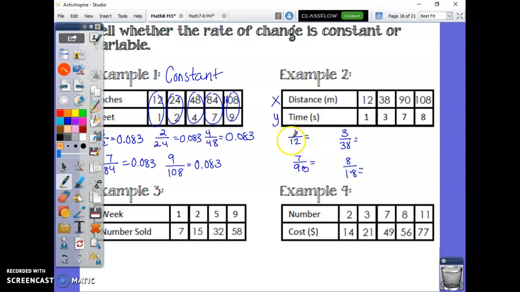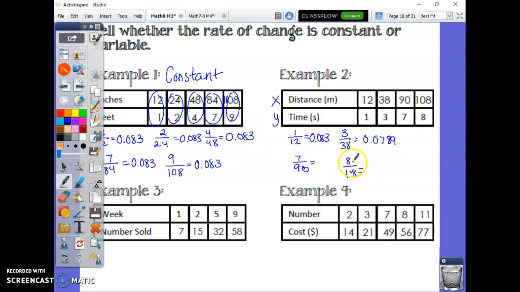Well, we know from the first problem, 1 divided by 12 is 0.083. Let's figure out 3 divided by 38. That will give us 0.0789. Uh-oh, those two do not match.